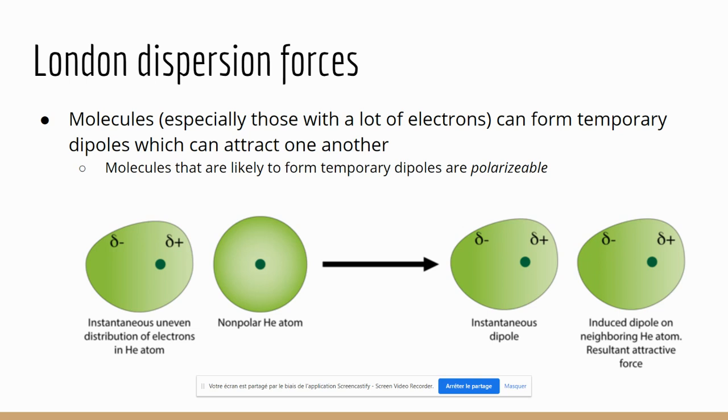So now our third type of intermolecular force, and this is thus far the weakest of the 3 at comparable molar mass. More on what I mean by that later. Even if you have something that is totally nonpolar, for example, CH4, there's going to be constant movement of electrons, and you will have a partial dipole form for a fraction of a second, and then it will go away.